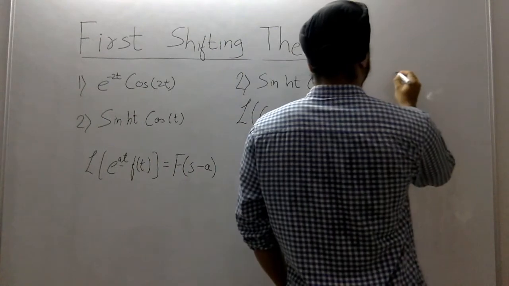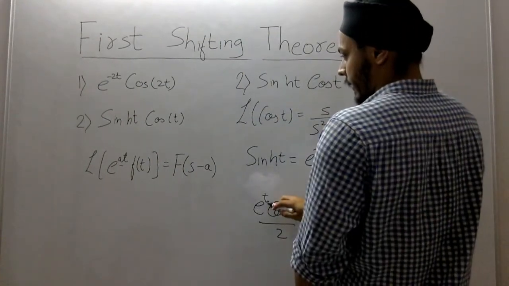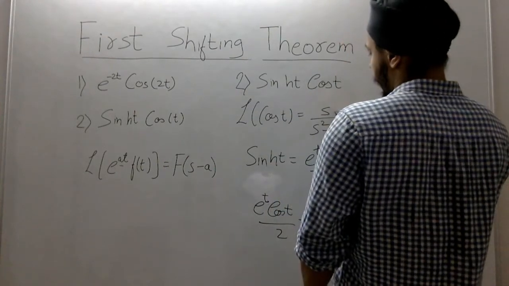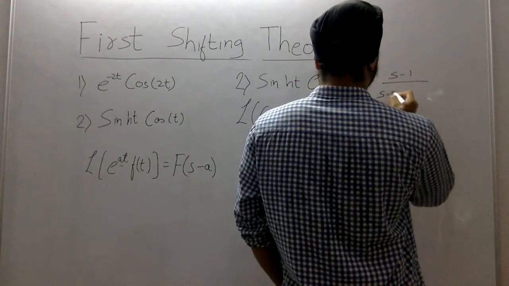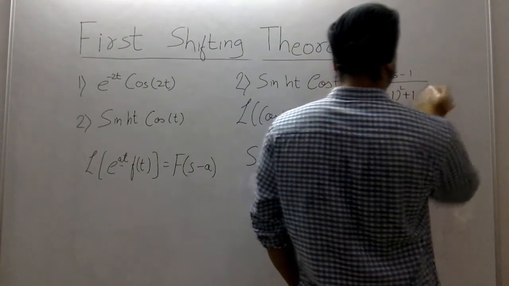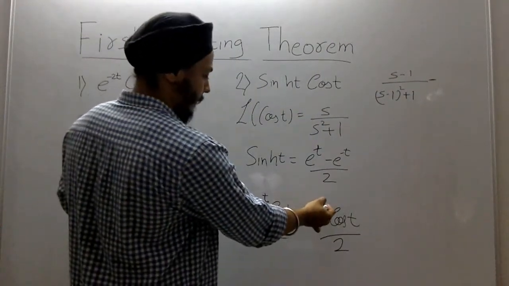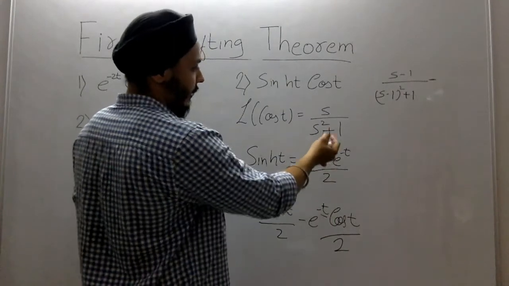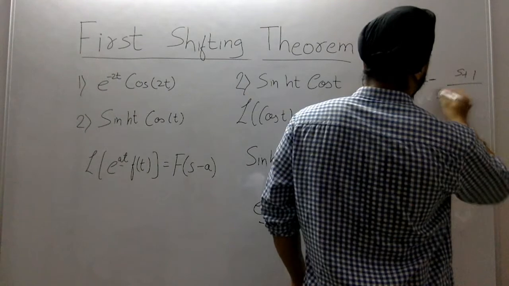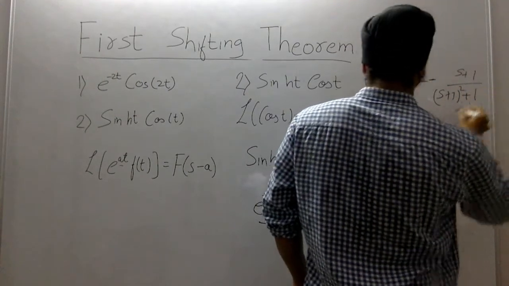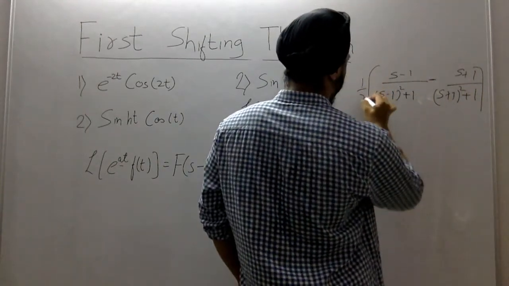So the value of the transformation will be: here a is 1, hence it will be s minus 1 over (s minus 1) square plus 1, minus, here our a is minus 1, so the value will become s plus 1 over (s plus 1) whole square plus 1, whole divided by 2.